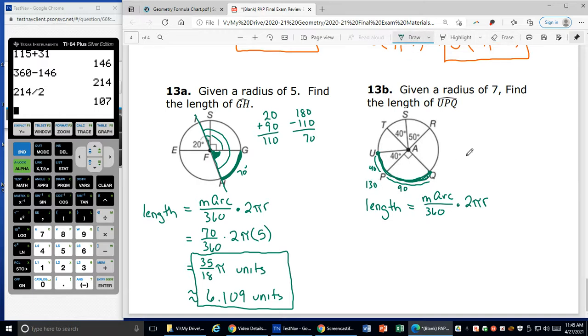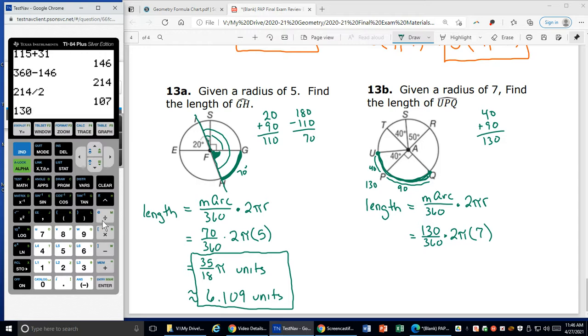My 40 plus my 90, 130. Okay, so my length is 130 out of 360 times 2 pi, and then my radius is 7. 130 divided by 360 times 2 times 7.